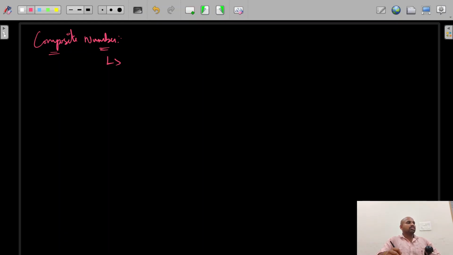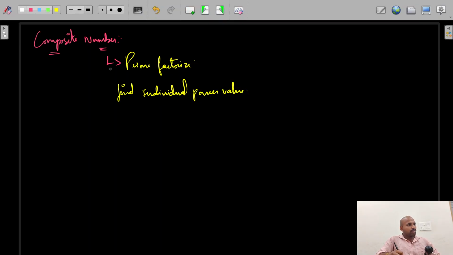For a composite number, first we have to prime factorize, and then find the individual power values. This is the first, this is my second, and this is my third individual power value. Finally, my highest power is nothing but the least common value.